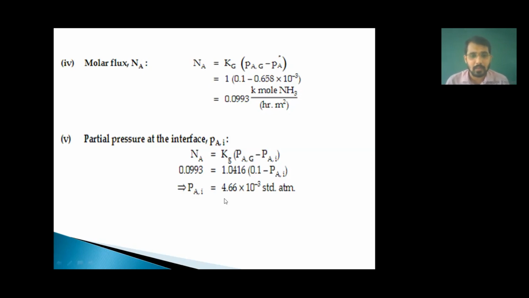So PAI is equal to 4.66 into 10 raised to minus 3 standard atm. We have calculated kg, PAg and the molar flux NA, so we just put all these values in this formula and calculate PAI. For this, you have to remember all these relations.